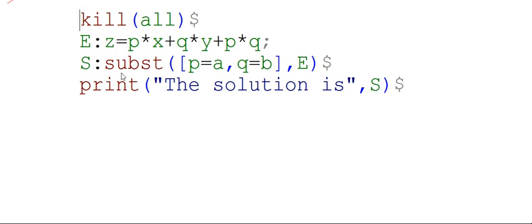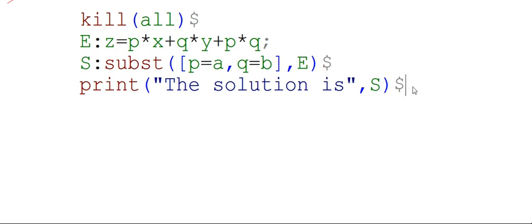For substitution in Maxima, the command here is subst. And since I am substituting for two variables p and q, those two must be enclosed within a square bracket. So subst of p is equal to a, comma q is equal to b. I am substituting this in E. E is the user variable I have called it for a previous equation. So print the solution is yes.